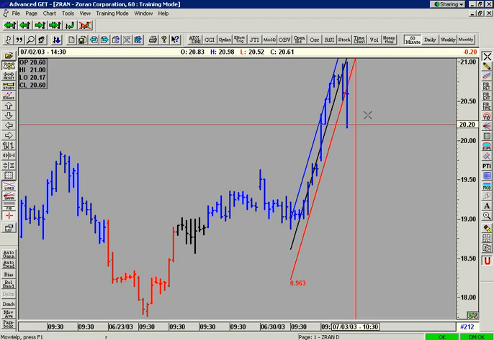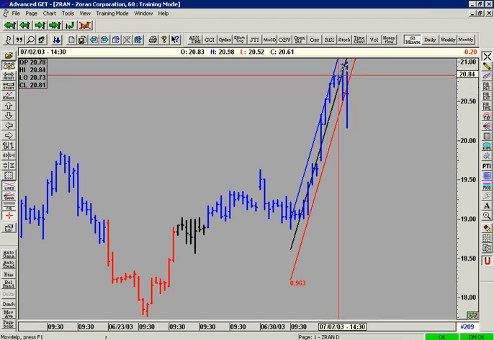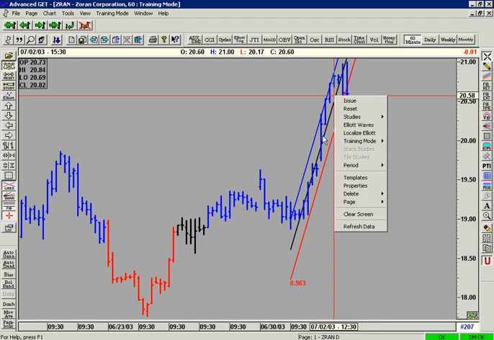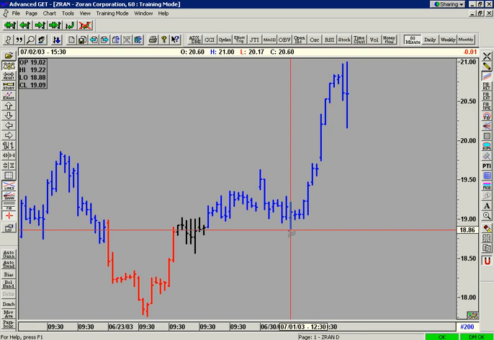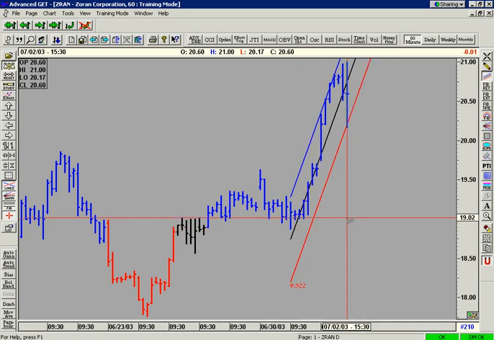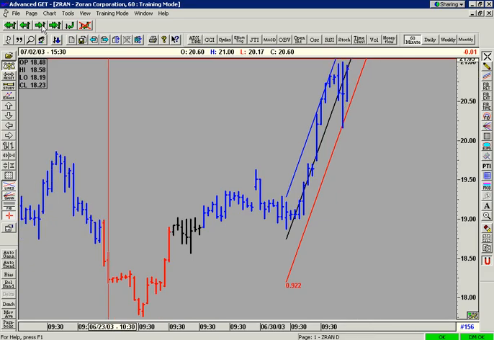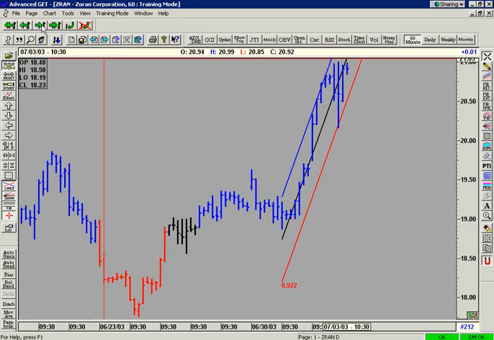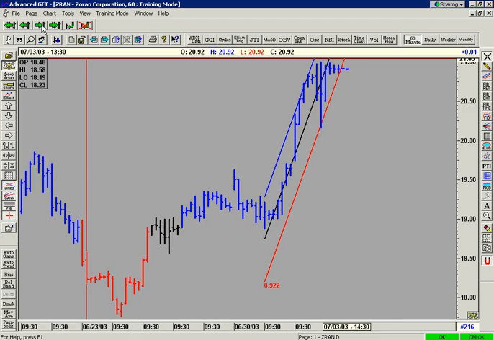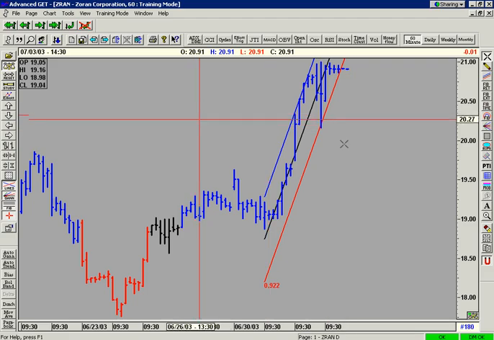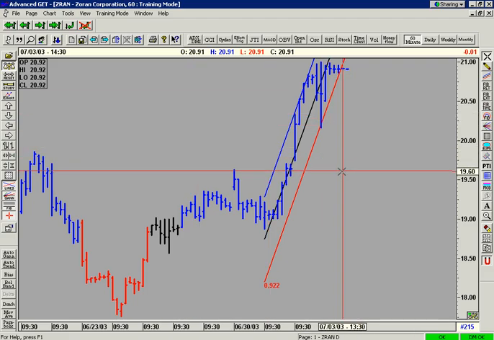Now I'll go ahead and advance some bars. We made new highs from the bar that I drew it on before. So I'm going to go ahead and erase my regression trend channel and redraw it based on the new high that we've established. Add a few bars in here. And right there we've broken out of the regression trend channel. That would be my exit on this trade.